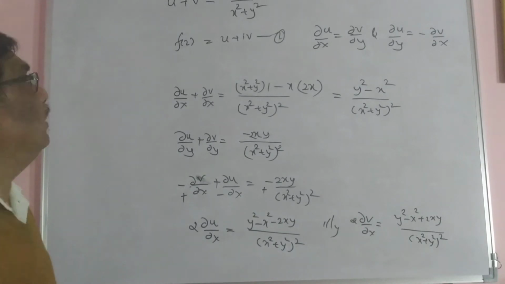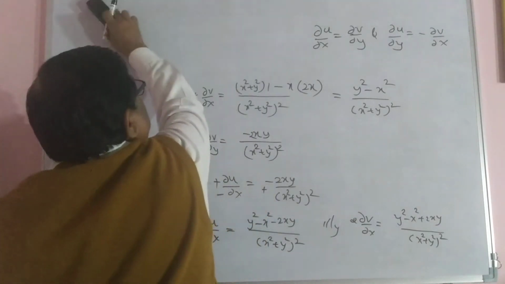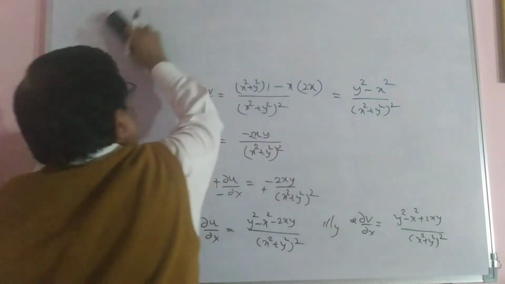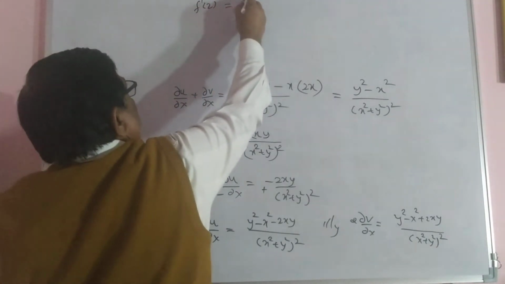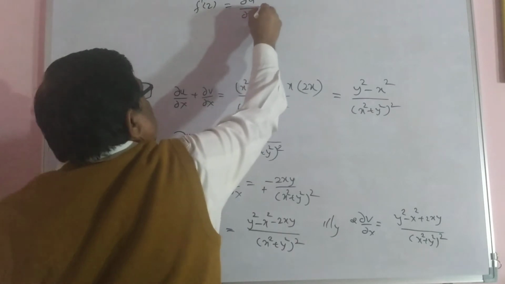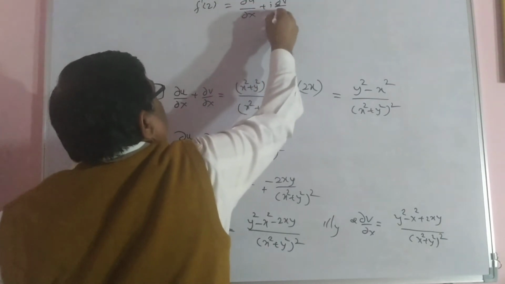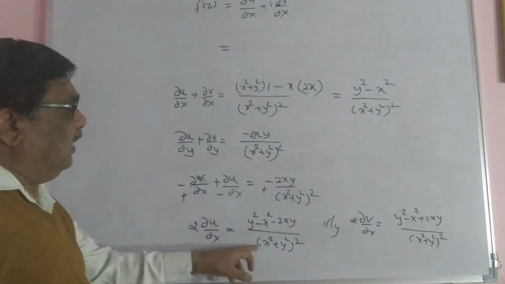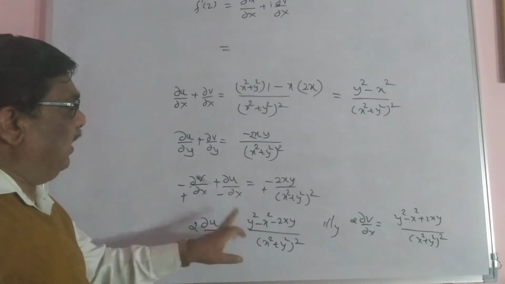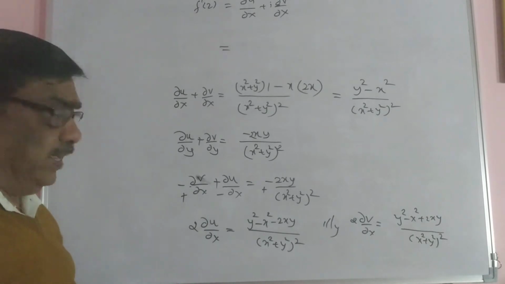Then the function is f'(z) equal to ∂u/∂x plus i ∂v/∂x. Then as usual, wherever x is there, replace it by z, and wherever y is there, replace it by 0.